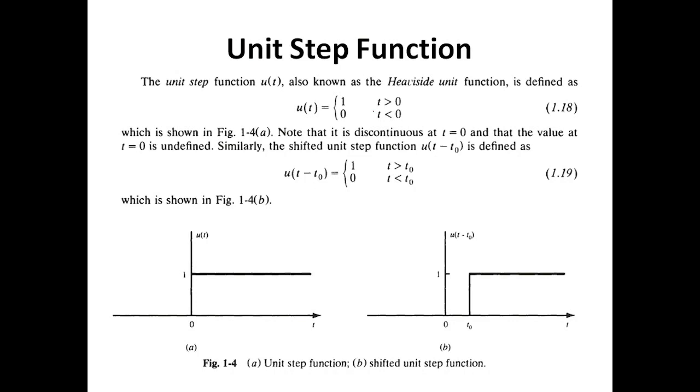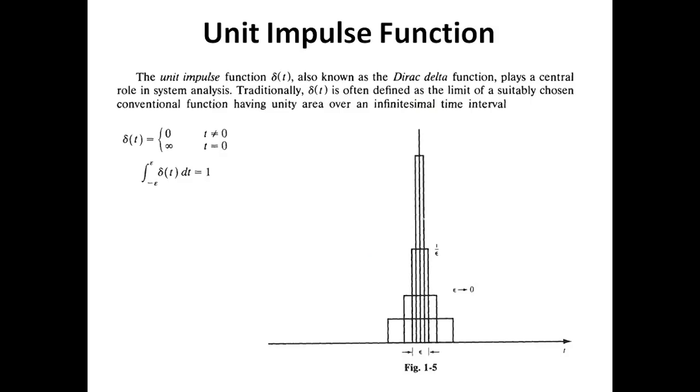So this is the equation for the unit step function, and if there is a delayed unit step function, it would be something like this. Similarly, the unit impulse function. We all know that for t not equal to 0, delta t is 0, and at t equals to 0 we have an infinite amplitude.